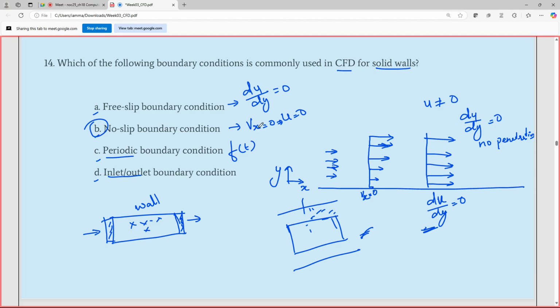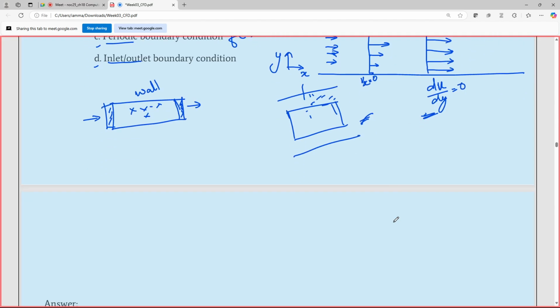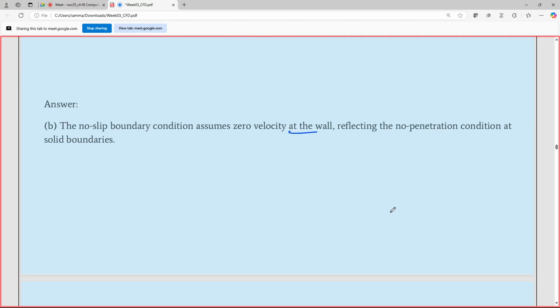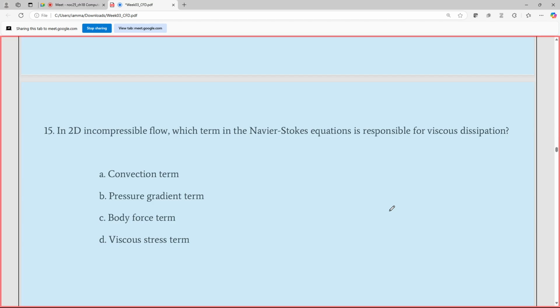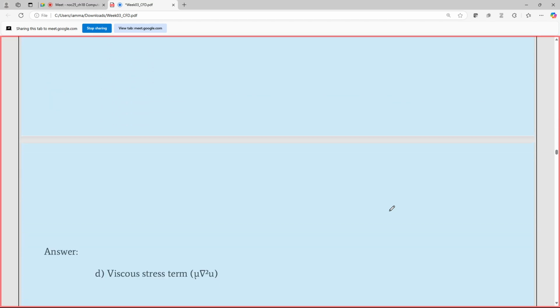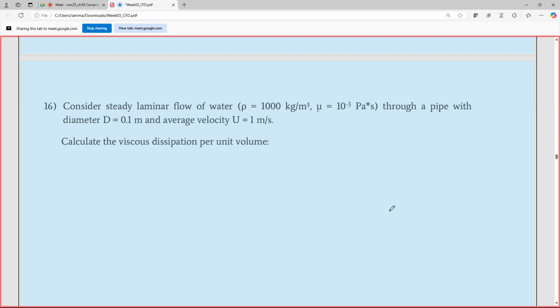When we are coupling it with some other chemical species or some other type of flows, there will be difficulties in solving when the velocity at the wall becomes 0. In such scenarios also, we can go for this free slip boundary condition. I hope that answers the question. Moving on to the next question.